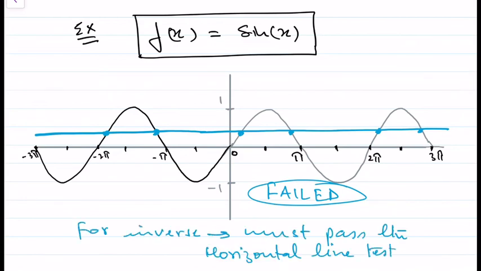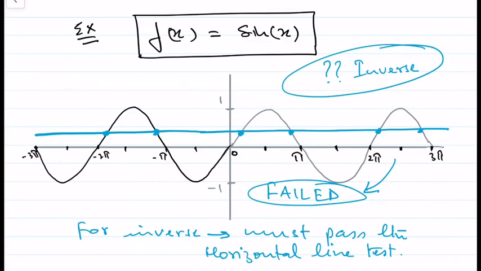So for an inverse, this must pass the horizontal line test, which this curve didn't. Then how come this function f(x) = sin x still has an inverse? We will discuss this in our next video.